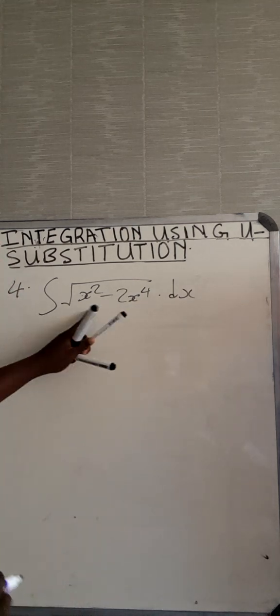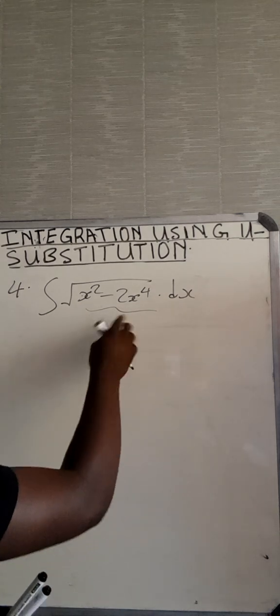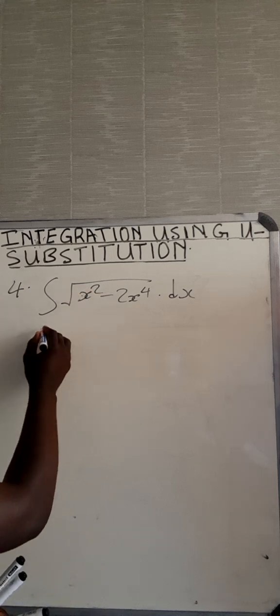So here you can see that if we make our u substitution, if we let this one be u, then we have something in terms of u and in terms of x, and we cannot get rid of x. So what we have to do is to take x squared as a common factor.